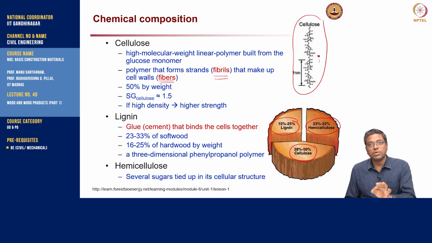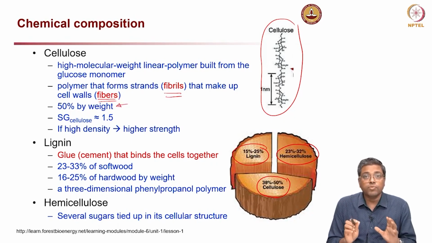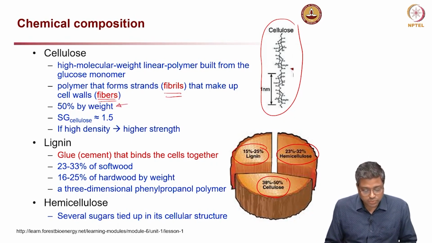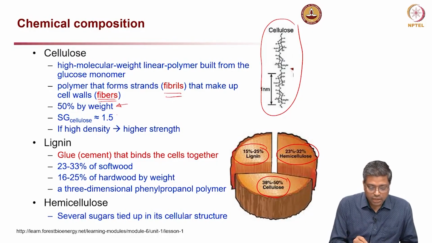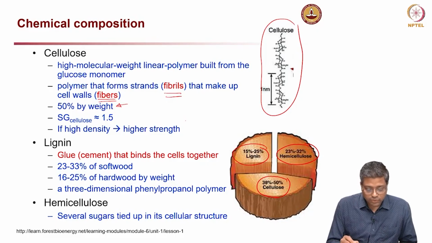These two things I will talk about in the next slide, the same image I will show again. Now, 50% by weight of wood is cellulose, and its specific gravity is about 1.5. So it is high density, and that leads to higher strength also.